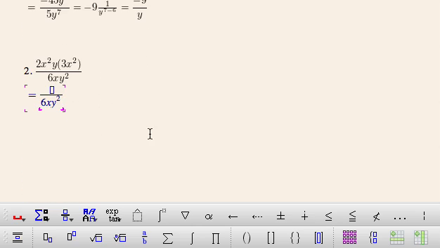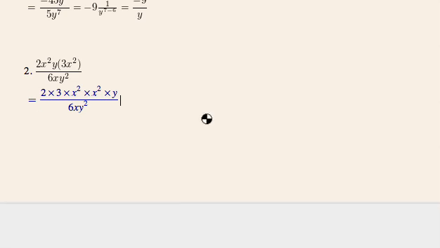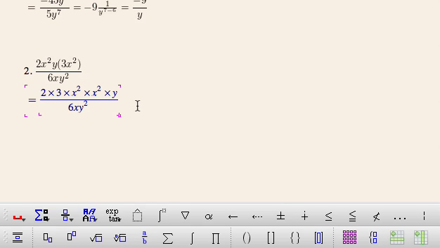So this is actually equal to 2 times 3 times x squared times x squared again times y, right? So what is this equal to?